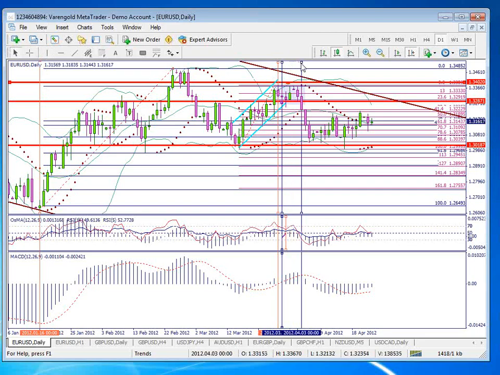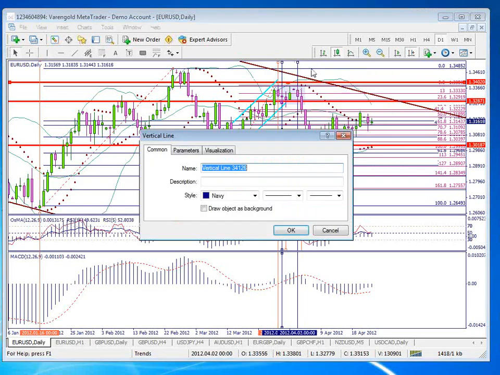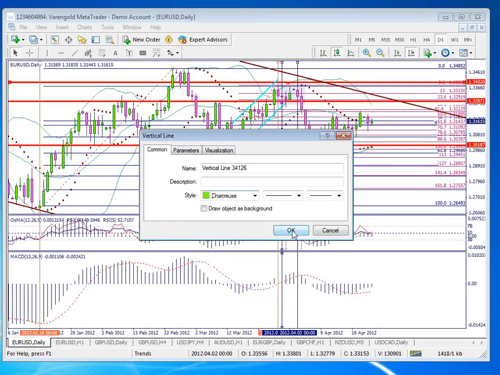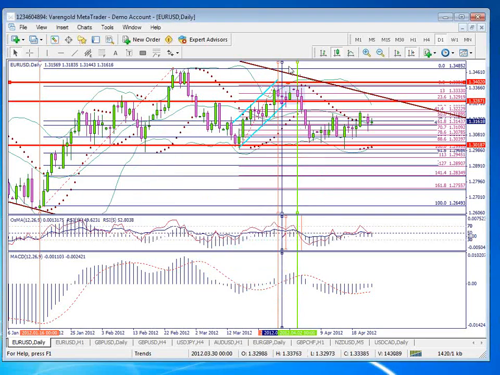So you can make one difference between them, here is the signal on daily. As long as we have the signal on daily, we can look for signals on smaller time frames.